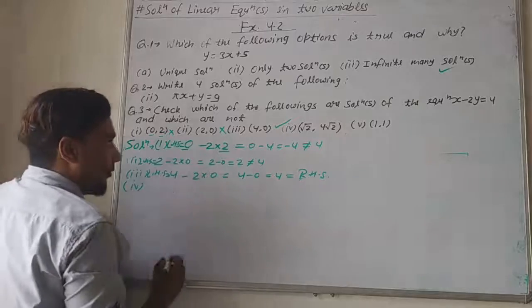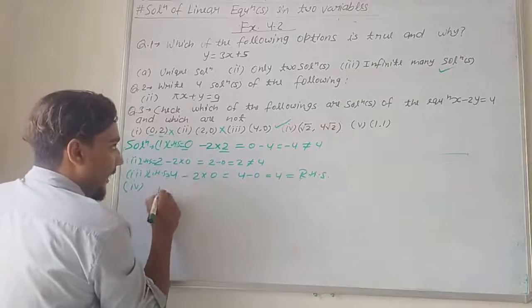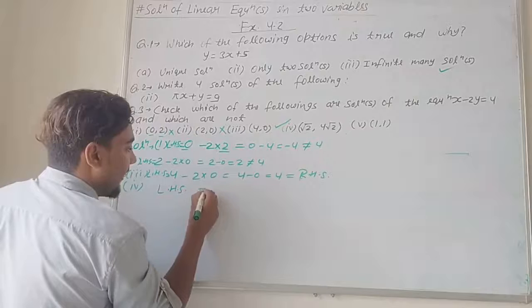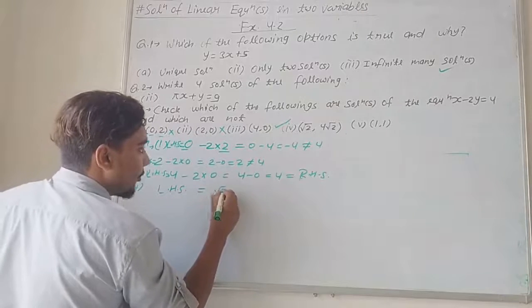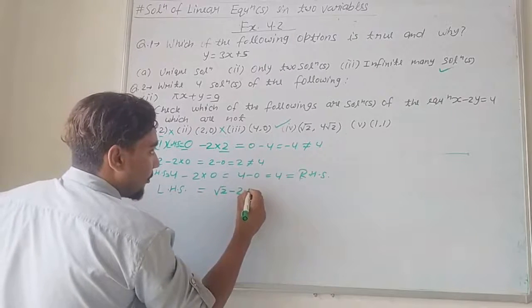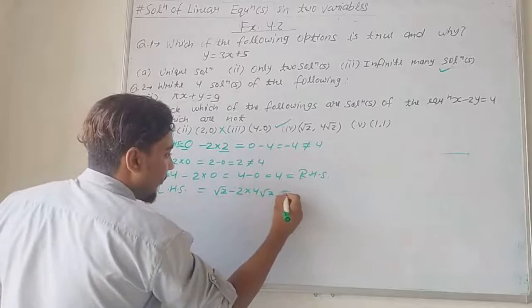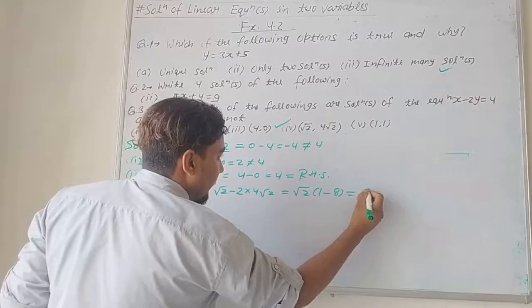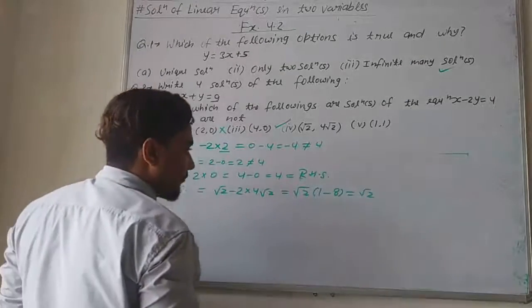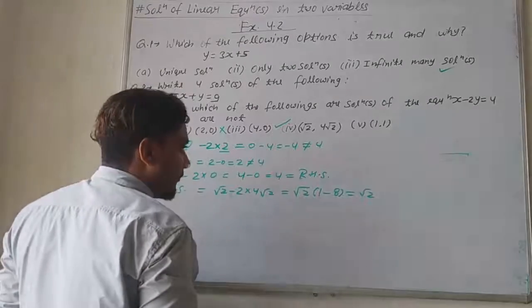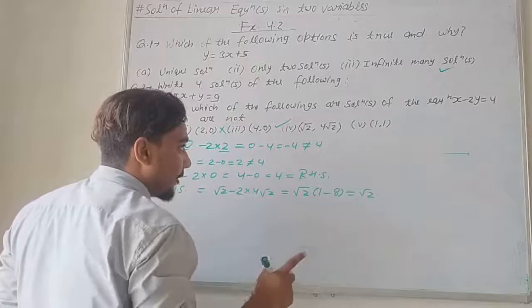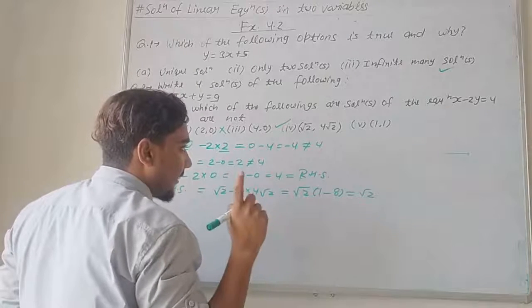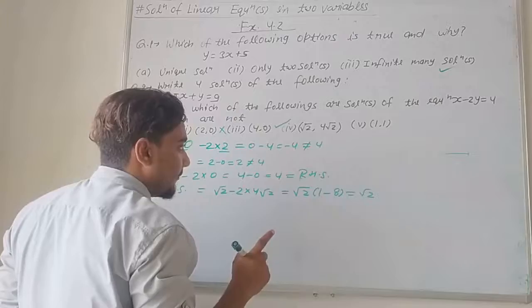Part 4, let's see what we do. In the LHS we put x equal to root 2 and y equal to 4 root 2. Here we take root 2 common and we get 1 minus 8. Let me check whether I have written the question and the order right.